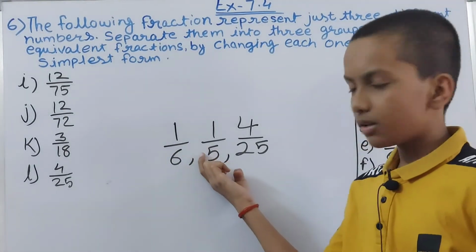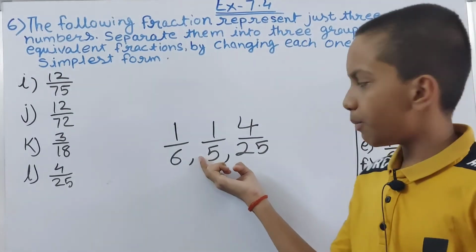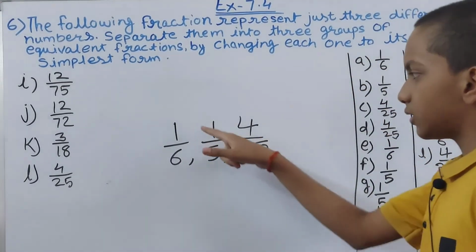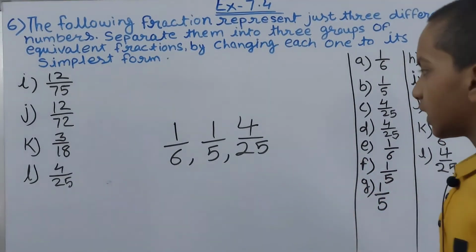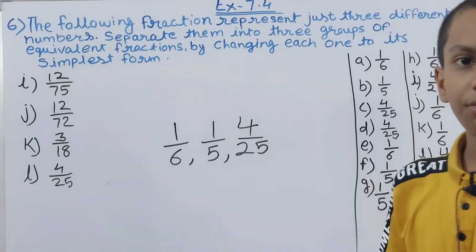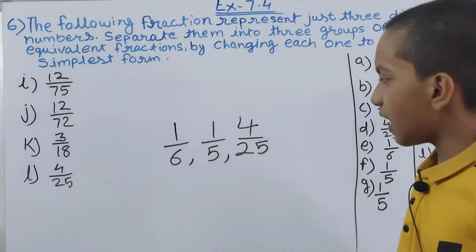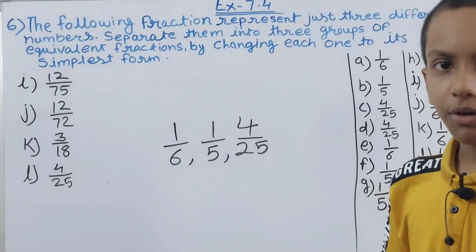In the same way the fractions which were simplified to 1 upon 5 will be the equivalent fractions of 1 upon 5, and then 4 upon 25. Again the fractions simplified to 4 upon 25 will be its equivalent fractions.